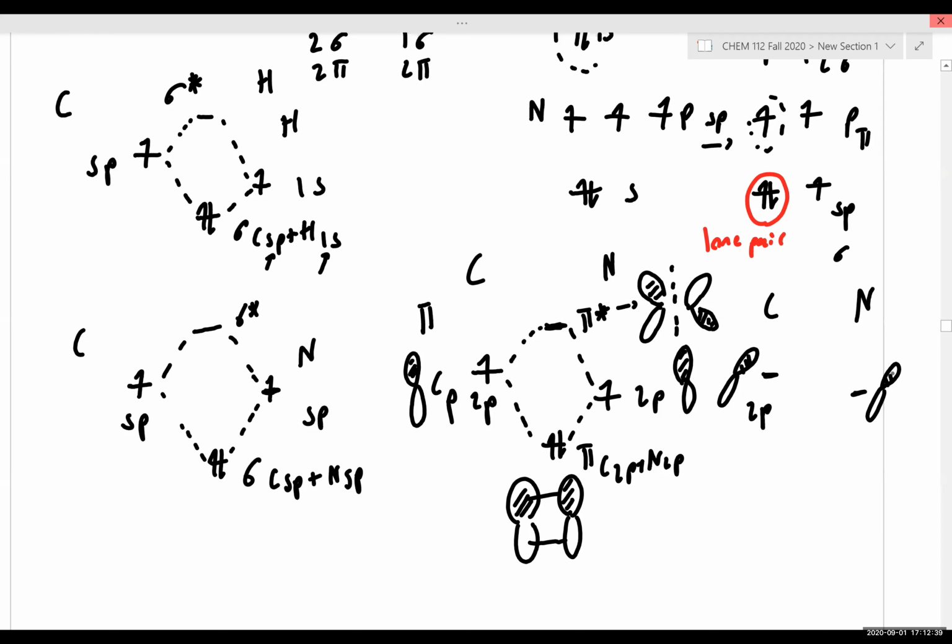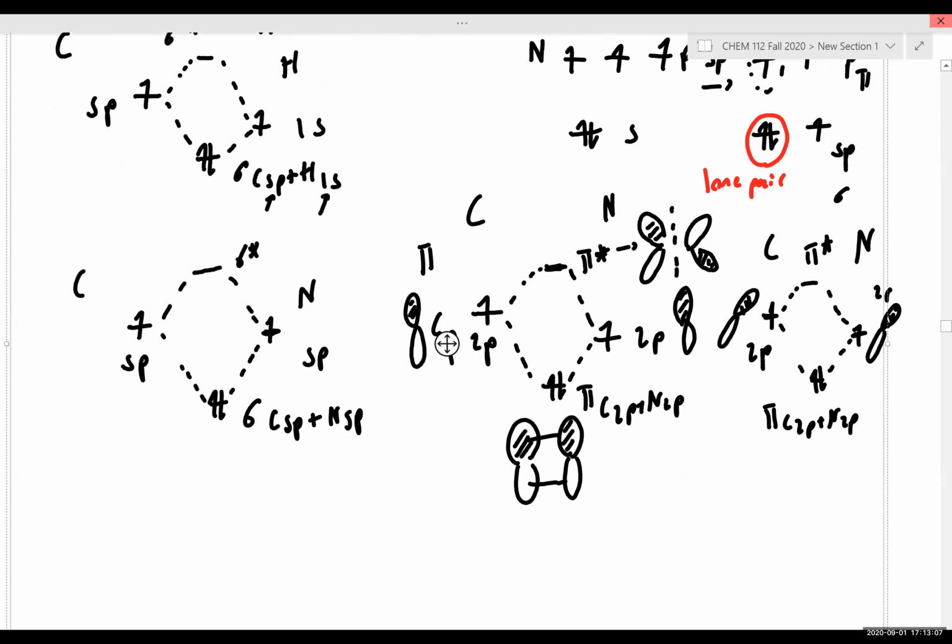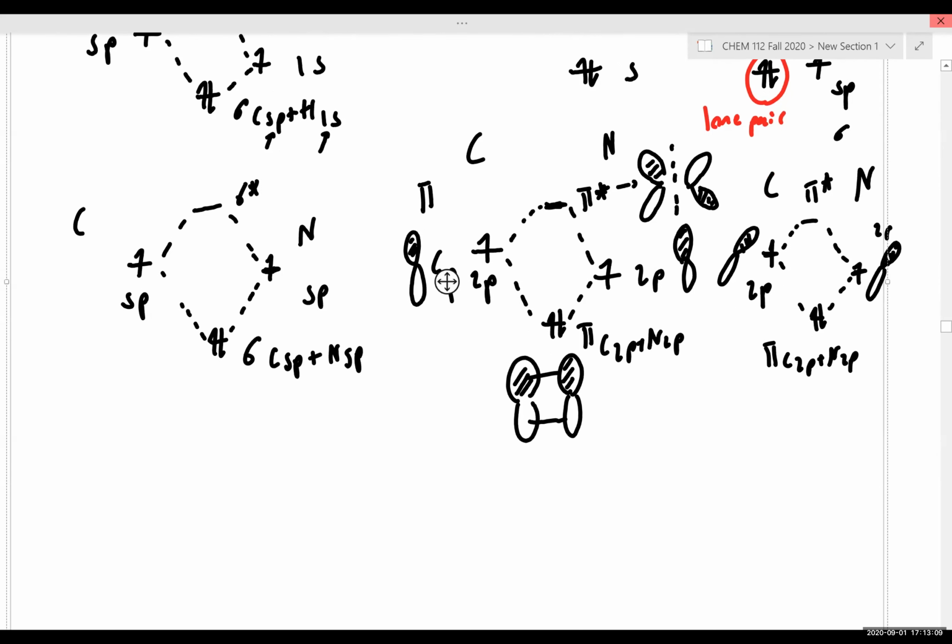However, the p orbitals that we use to form this pi bond have a different three-dimensional arrangement. Now, this doesn't impact our orbital energies. They're both p orbitals still. So we do generate a pi bond between a carbon 2p and a nitrogen 2p, and a pi star as well. My question to all of you is, what changes about this pi bond?